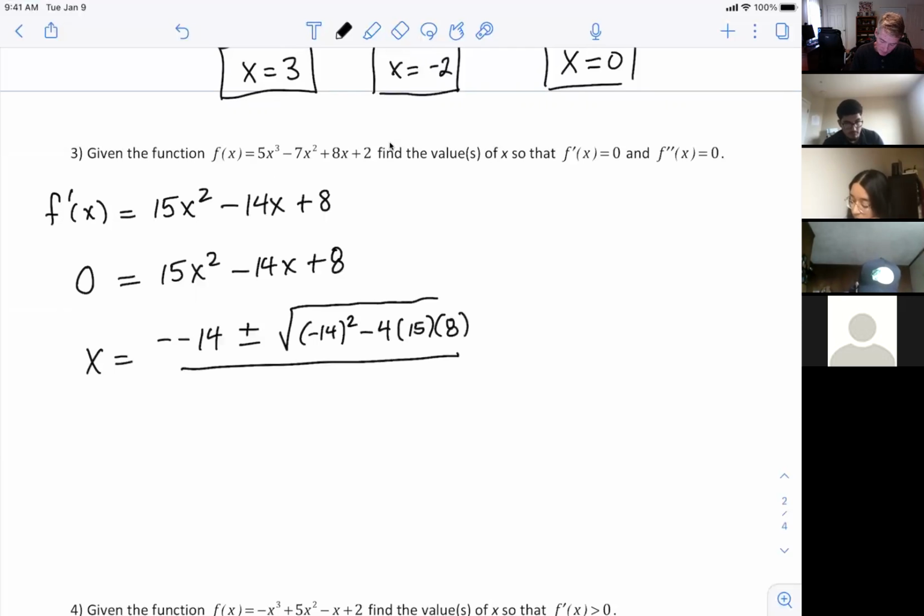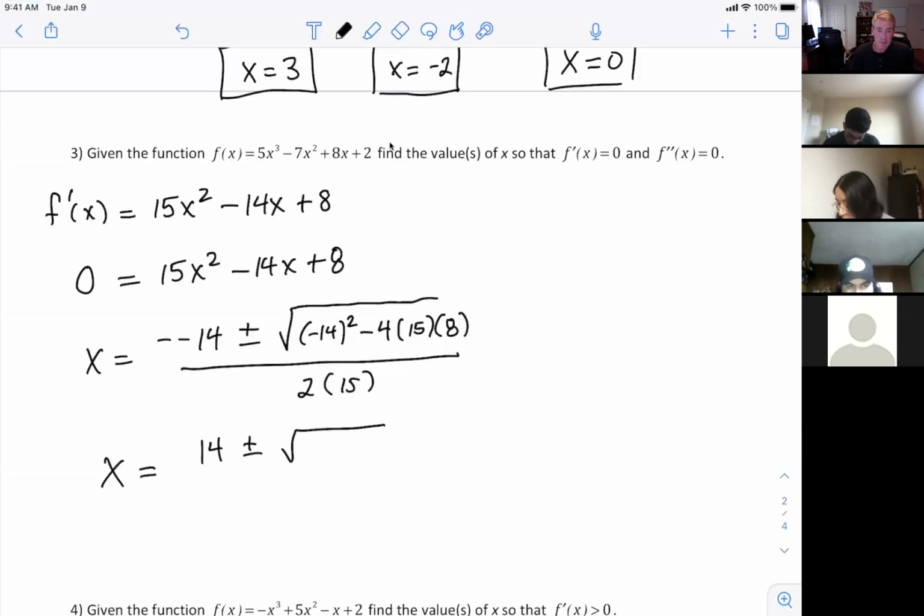And then the whole thing is divided by 2 times 15. So then I just did what's inside the radical.